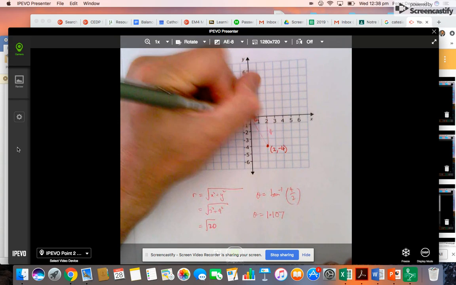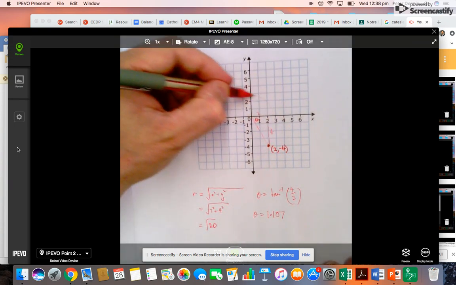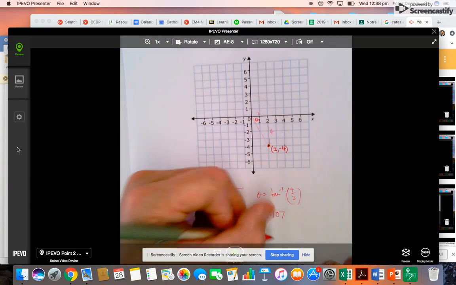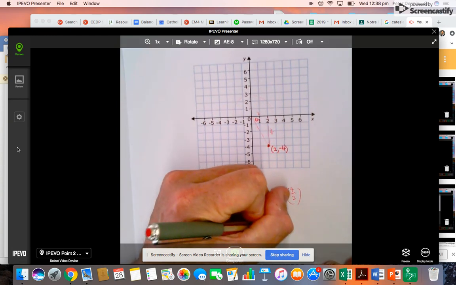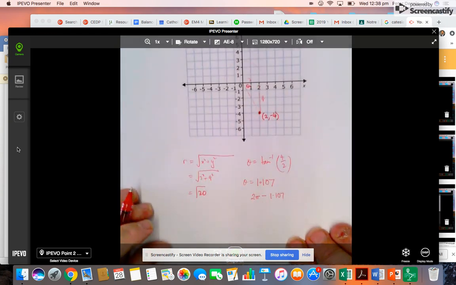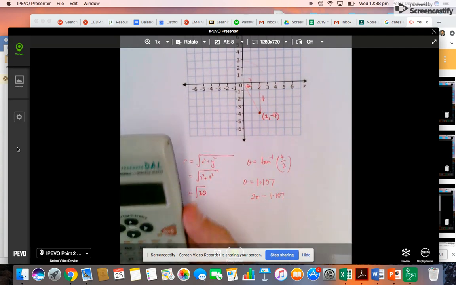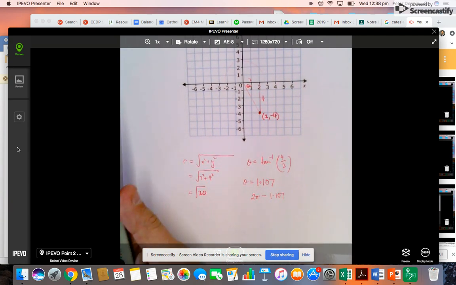But that is this angle. That's not the angle I want. I want the angle right the way around, which is going to be 2 pi minus the 1.107. And I can just work that out on the calculator. 2 pi is 2 times 3.14, so it's 2 times pi minus whatever I just got.